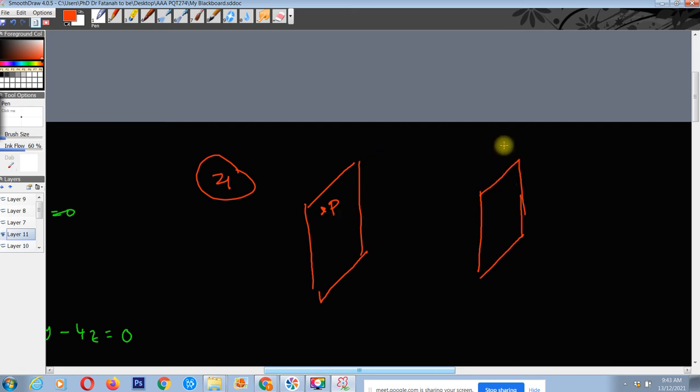This plane is 3x minus 7z equals 12. So what is the normal for this one?